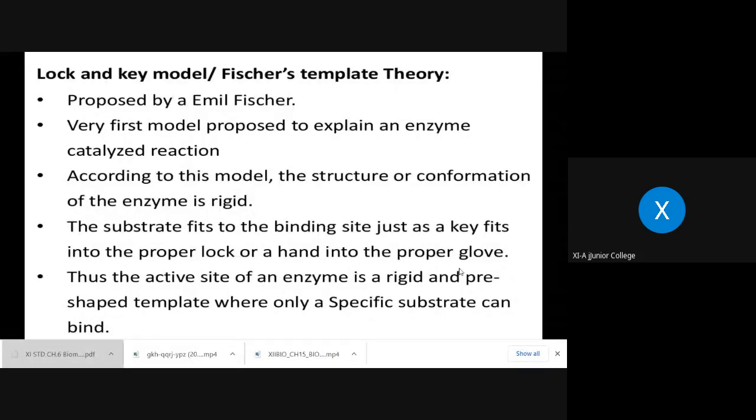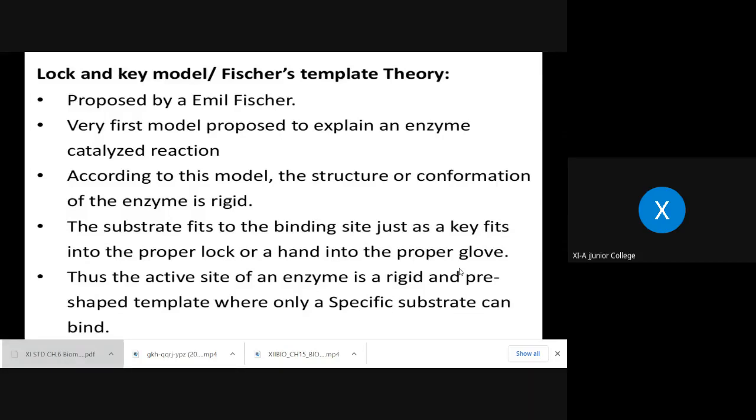According to this model, the structure or conformation of the enzyme is rigid. That means the substrate fits to the binding site just as a key fits into the proper lock or a hand into a proper glove. Thus, the active site of an enzyme is a rigid and pre-shaped template where only a specific substrate can bind.